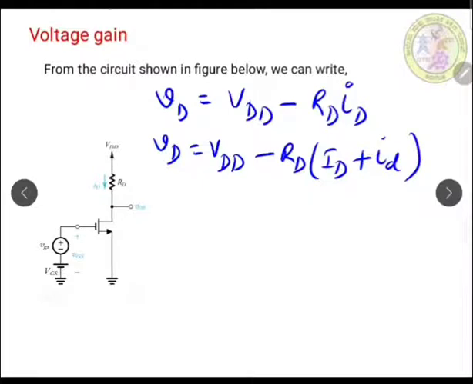Capital ID is because of the DC biasing condition, and small id is the signal component. So vD or vDS, you can write either, both are the same as the source is grounded.